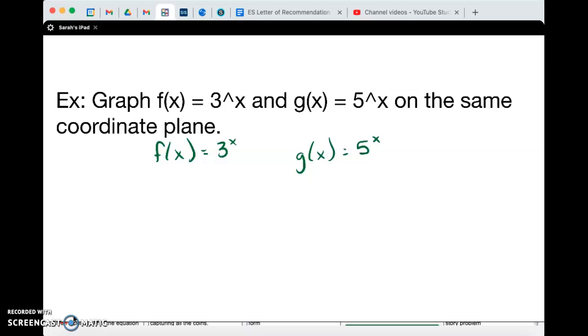If I didn't know how to graph anything, we could make a table, which is probably what we should do. So make a table for f of x, and a table for g of x. And what numbers would you like to plug in for x?